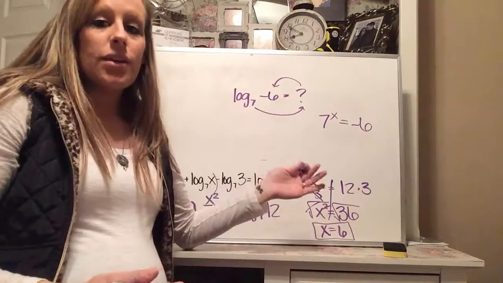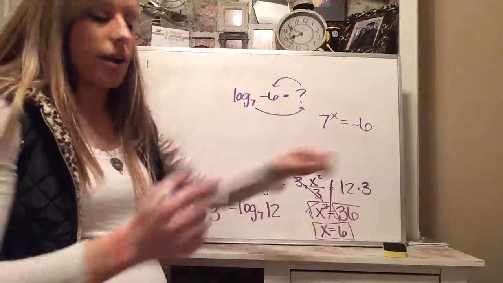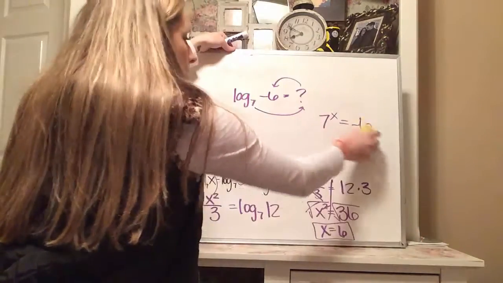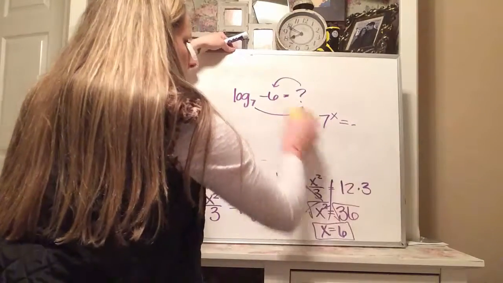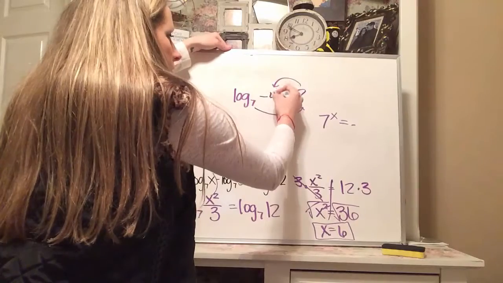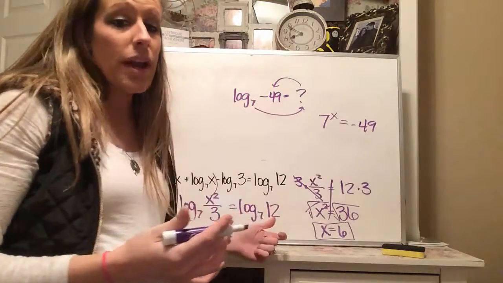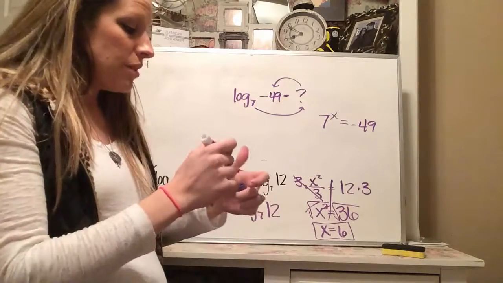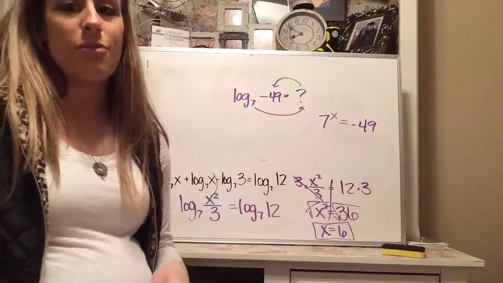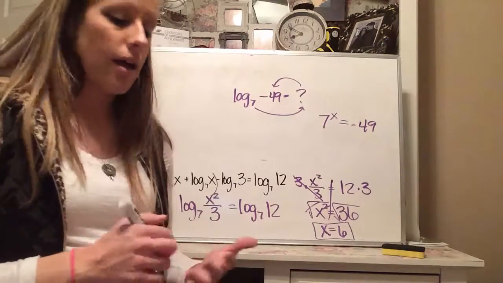So is there any exponent that would give me a negative number? Heck, I'll make it easy. It doesn't have to be -6. What if I got a number that actually works? What if I put 49 in there? Right, -49. Now 7 squared gives me 49, but is there any way I could get -49 with a positive base? Okay, there's no way you can do that.